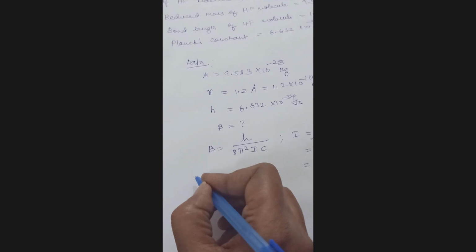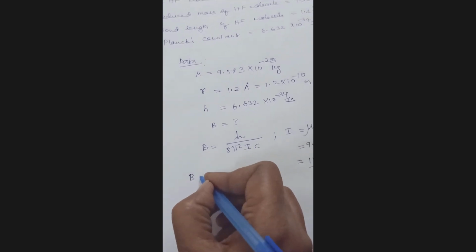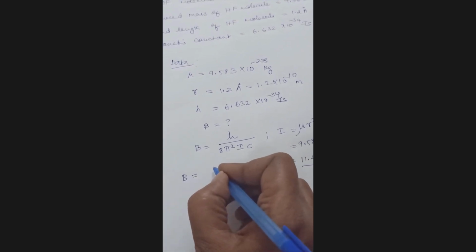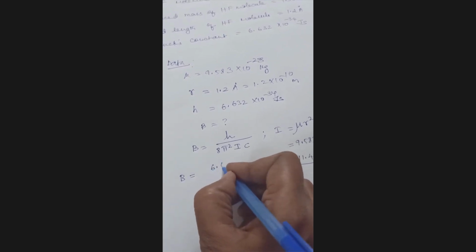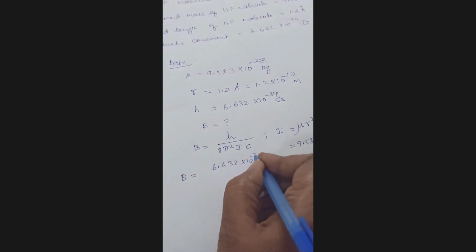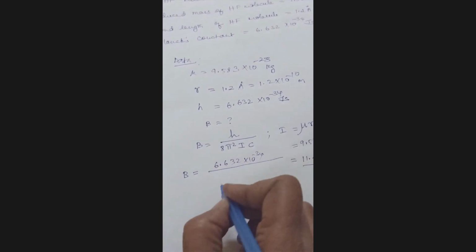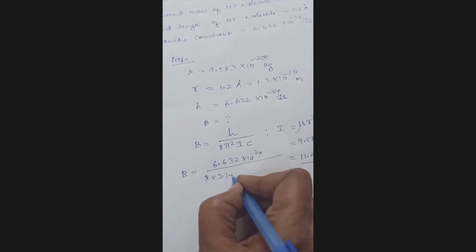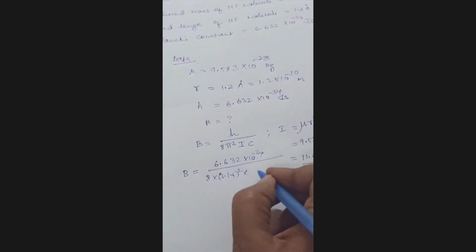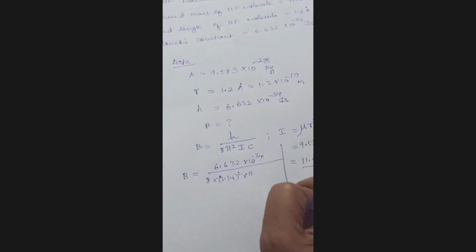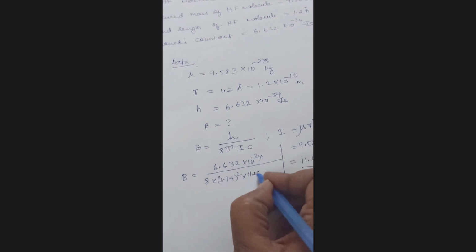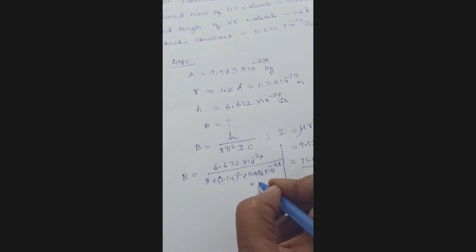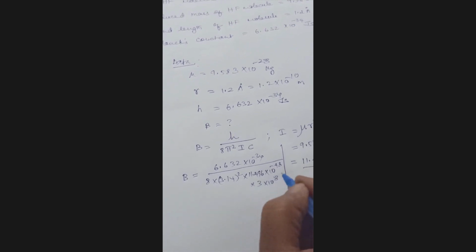You have I value. Now let's calculate B. So B is equal to, do the substitution, h 6.632 10 raised to the power minus 34 divided by 8 into 3.14 whole square into I, 11.496 into 10 raised to the power minus 48, into c, 3 into 10 raised to the power 8.